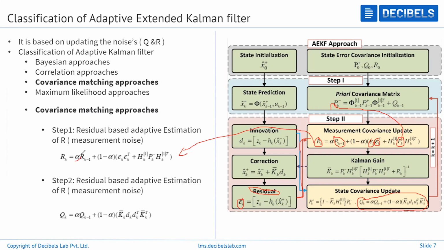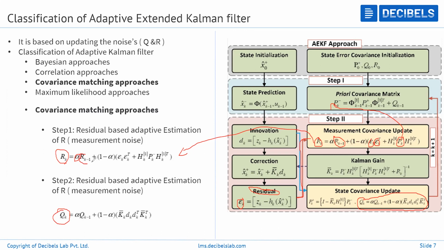Yeah, it is the same. The alpha which is defined over here also defines the same: if it is more towards 1, it means you are depending more on the previous steps. So once you put all these equations, this value becomes variable, it becomes dynamic.